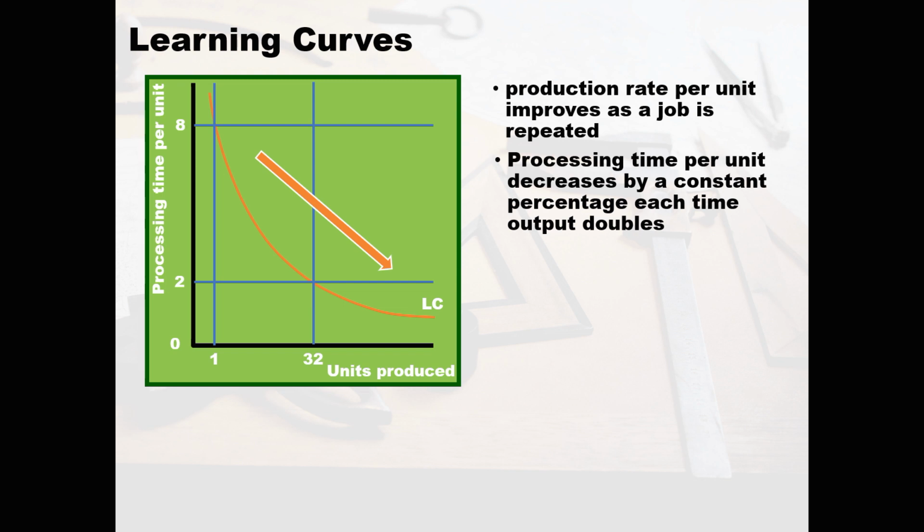Obviously, if it's a product that's going to take 8 days to produce the initial one, this is something quite large. So by the time we produce the 32nd unit, our average time should be around 2 days.